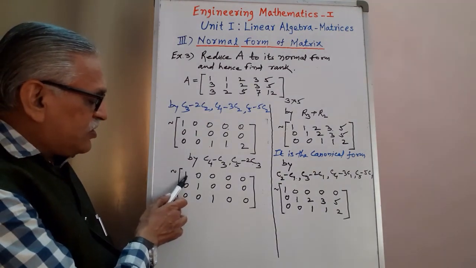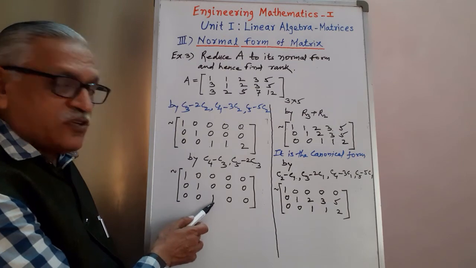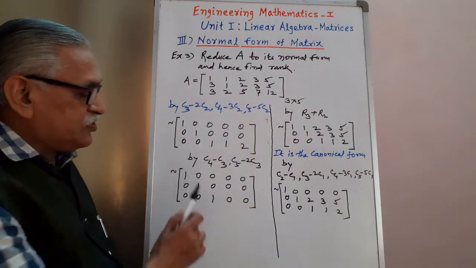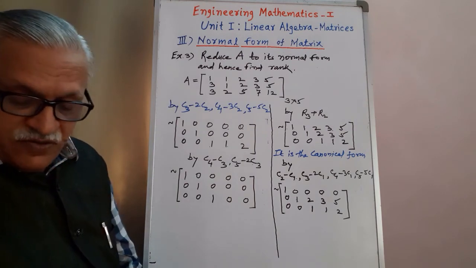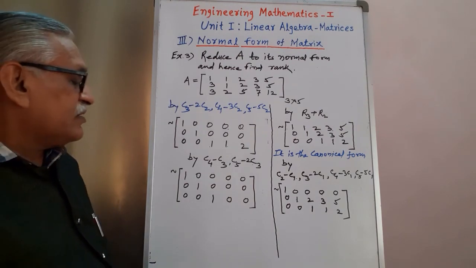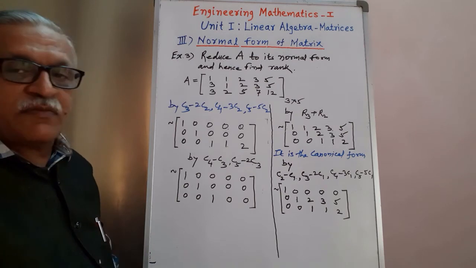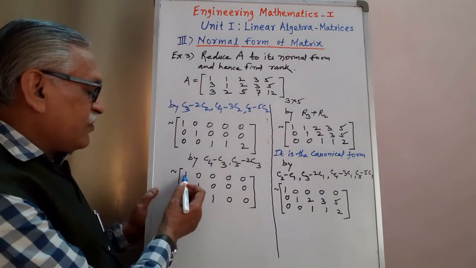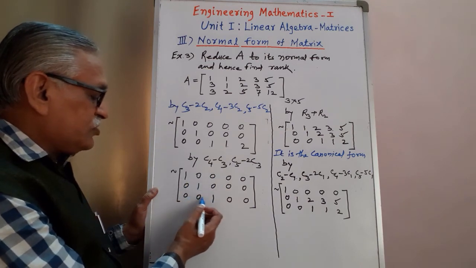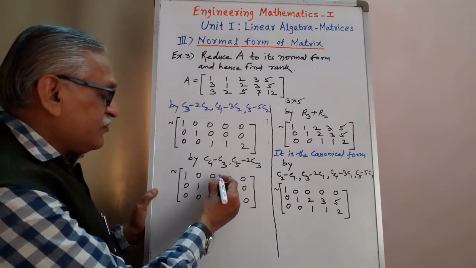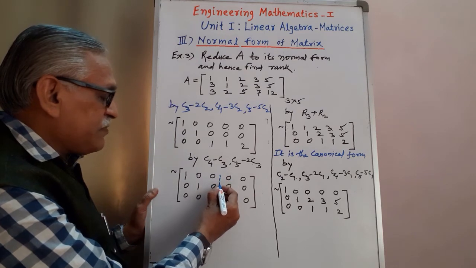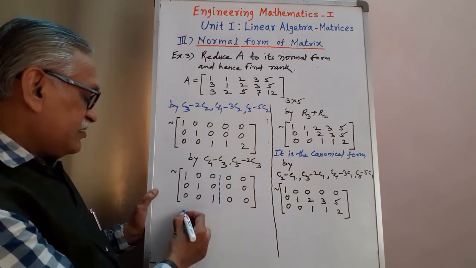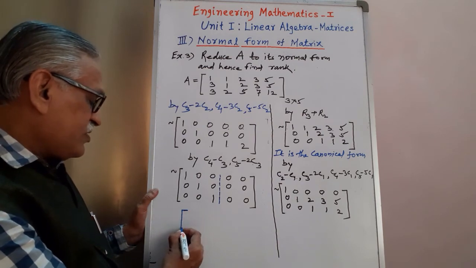All the diagonal elements I have converted to 1 each, lower to 0 and upper diagonal elements to 0. Then we separate the identity matrix, or find the identity matrix from this. 1 0 0, 0 1 0, 0 0 1 is the identity matrix. Therefore, we separate it by a line or dotted line, and then write in symbolic form.